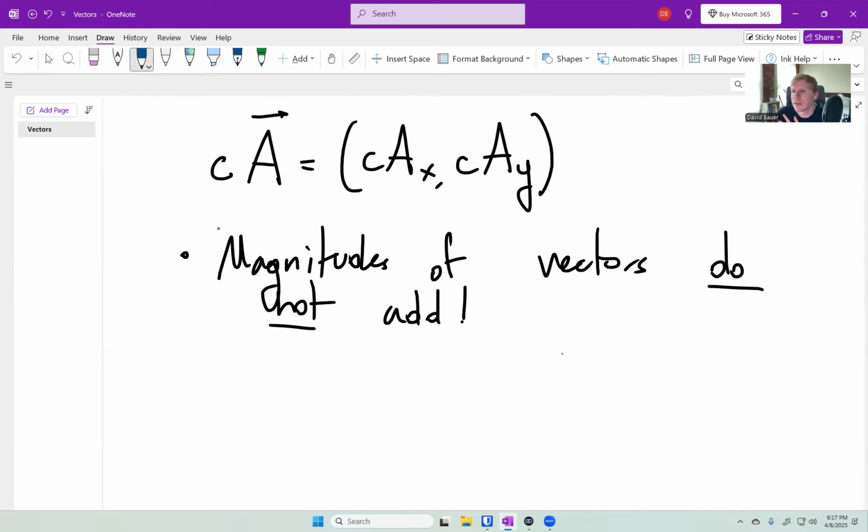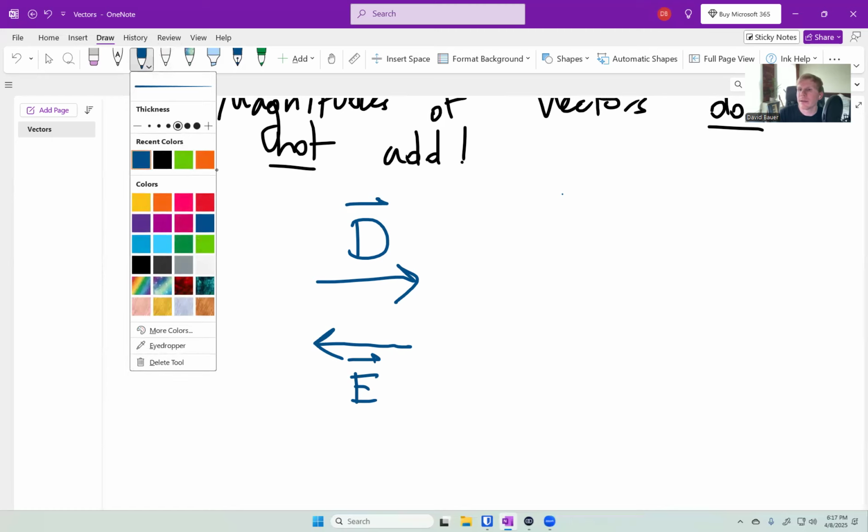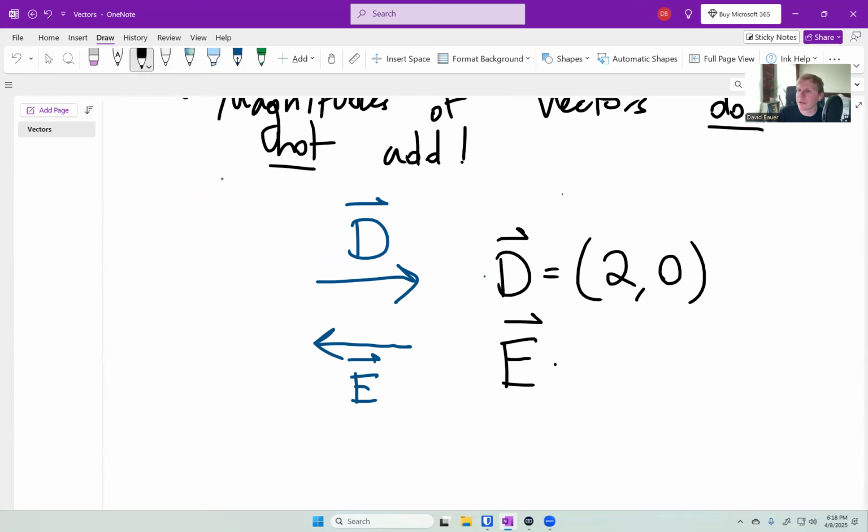Let me draw two vectors, call them D and E. Okay, and these could have any x component here, but let's just say D is the vector 2, 0, and E is the vector in the opposite direction, -2, 0. Okay.